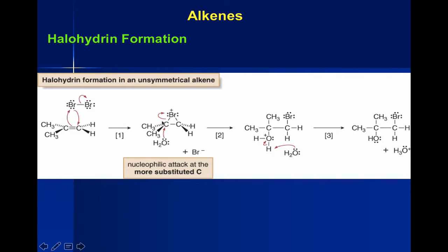And since this carbon is more highly substituted, we know that it can handle that partial positive charge by inductive effects a lot easier. And so the water actually ends up attacking the most substituted carbon, breaking that weakest bond, and you end up getting your bromohydrin products.